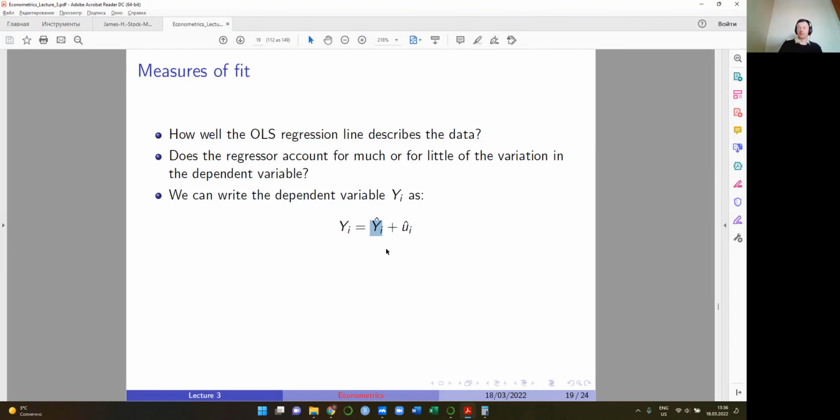And this is related somehow to the question of causality. So if I change x, how much is y going to change? But now we are talking about predictions, because sometimes predictions also need to be done. So instead of some normative things, instead of some causality questions, we want to just predict something.